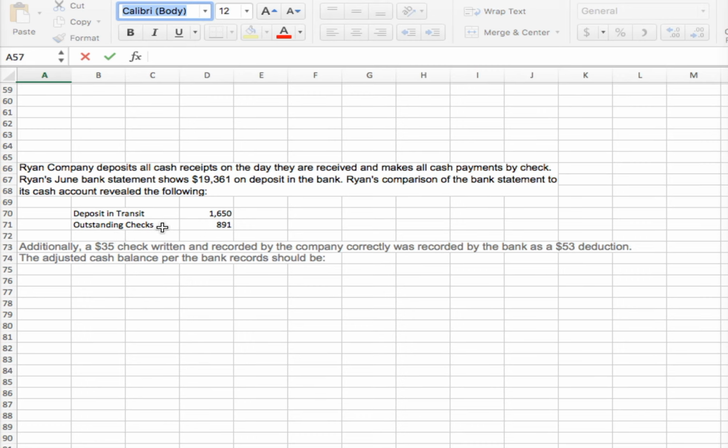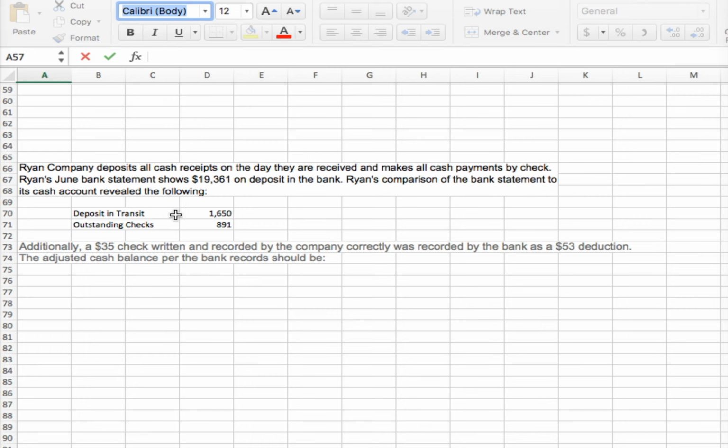Okay, last question type. Ryan Company deposits all cash receipts on the day they are received and makes all cash payments by check. Ryan's June bank statement shows $19,361 on deposit in the bank. So that means that's how much is in your bank account. Ryan's comparison of the bank statement to its cash account revealed the following.